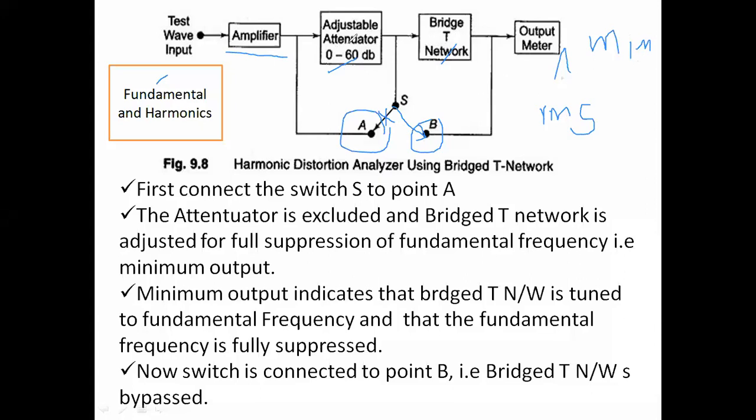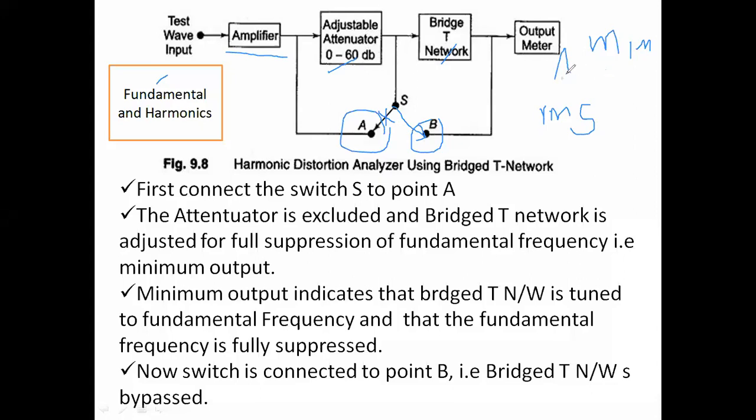So now we connect the adjustable attenuator at point B. With this, what happens? The signal will reach the meter through the attenuator. So whatever signals are moving through this attenuator will be measured by the meter. We have to adjust this attenuator to read the minimum value that we observed in the previous case.